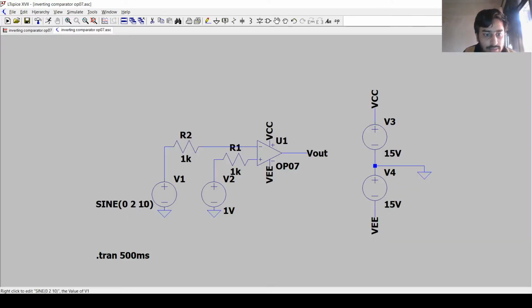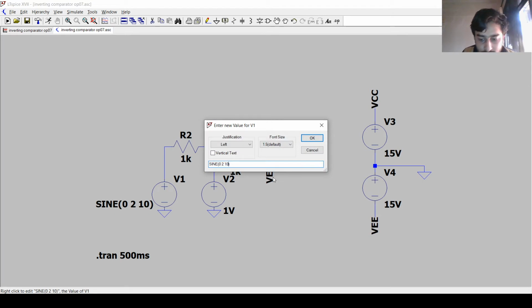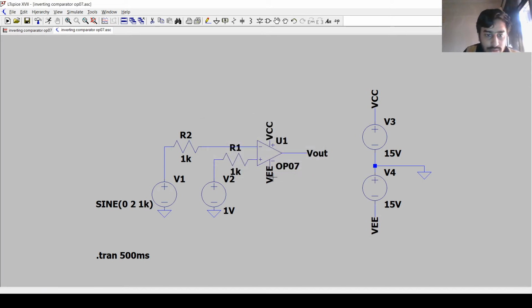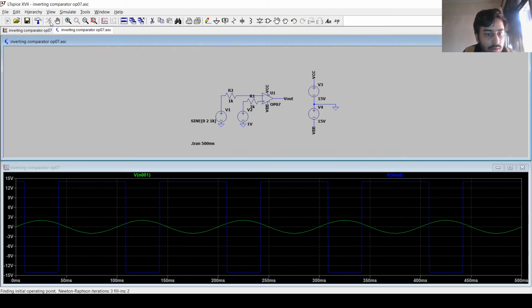Now let's increase the frequency from 10 Hz to 1 kilohertz. Now run.